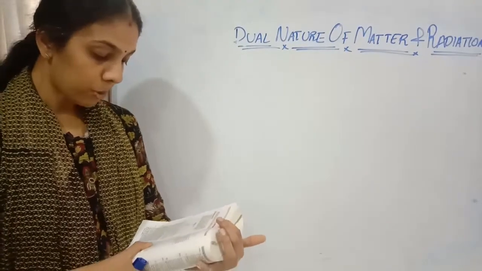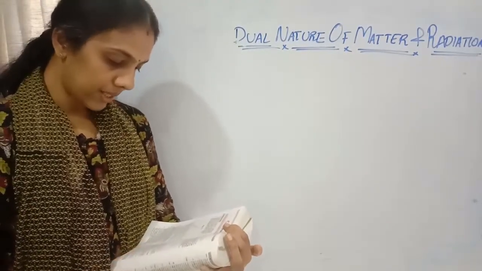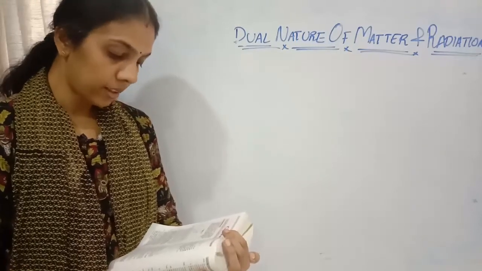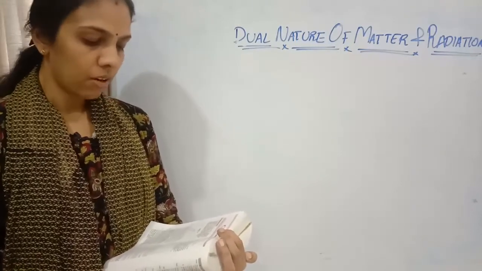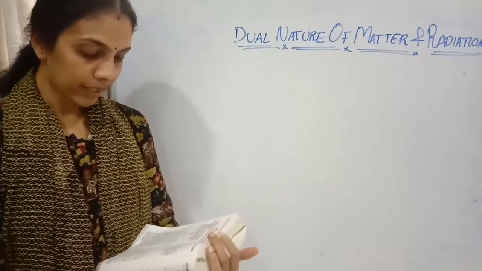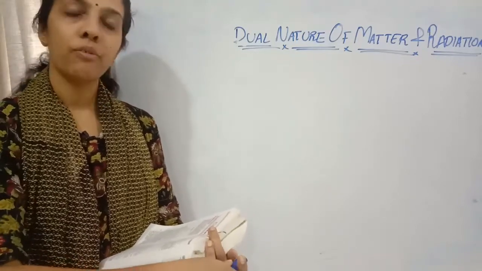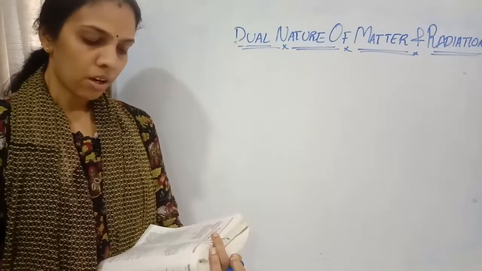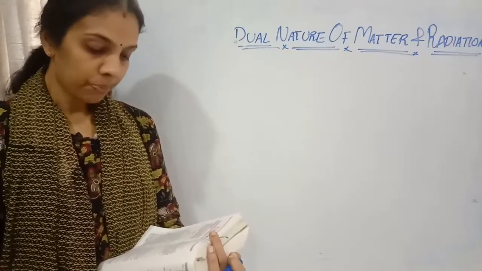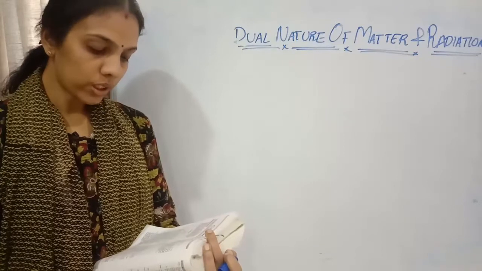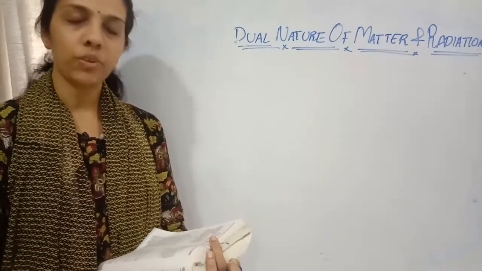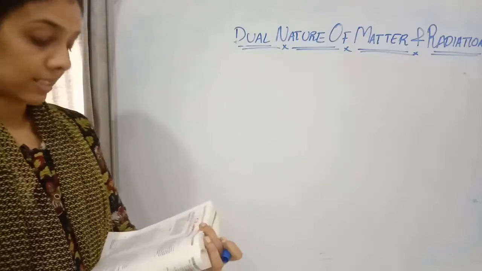Figure shows a plot of three curves A, B, C showing the variation of photocurrent versus collector plate potential for three different intensities I1, I2, I3 having frequencies nu1, nu2, nu3 respectively incident on a photosensitive surface. Point out the two curves for which the incident radiations have the same frequencies but different intensities.